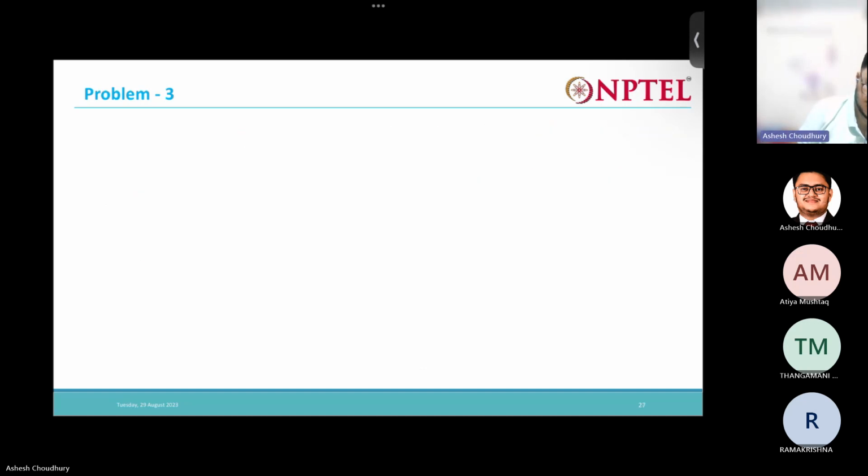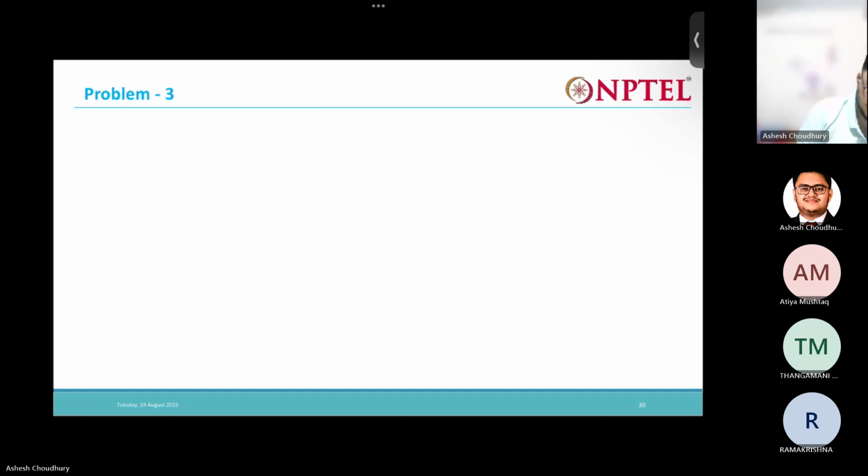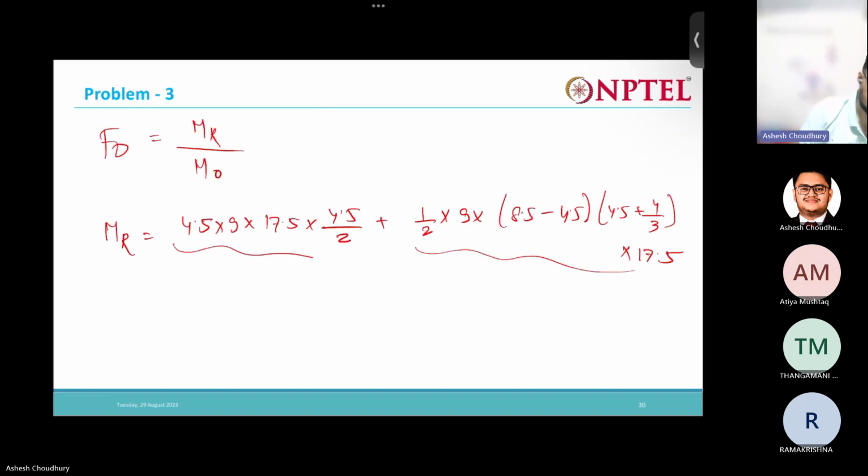Okay, so I hope you understand this part. This is the weight of the first block, and this other part they have considered as a triangle. So the weight of that. These two weights are here, and times the lever arms will give you the resisting moments.